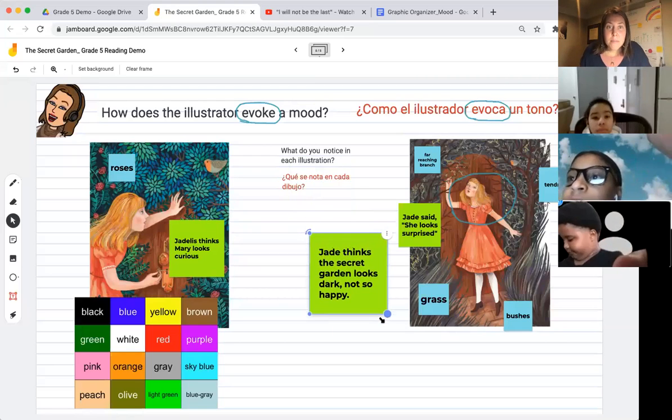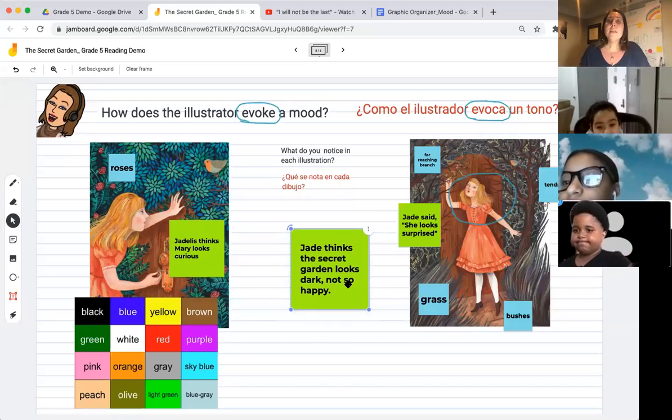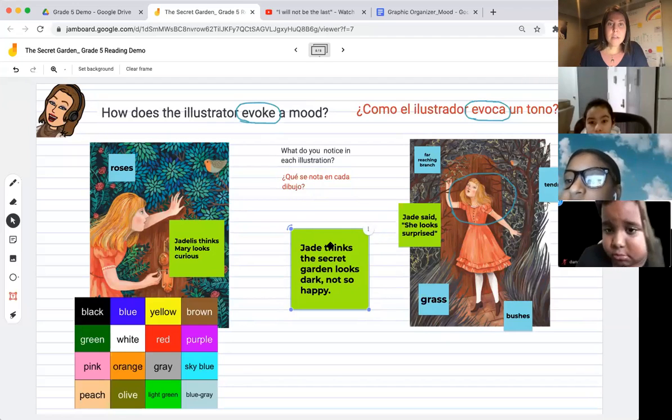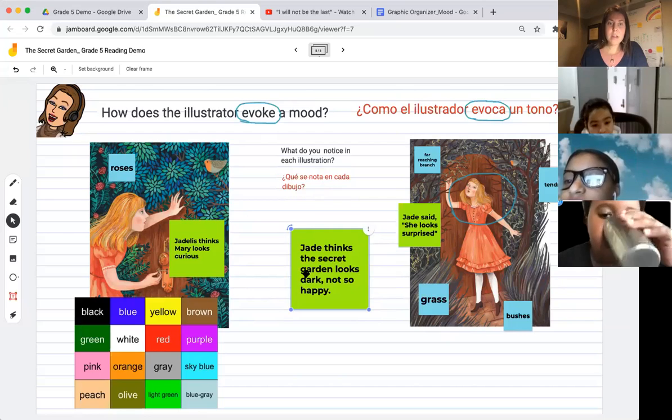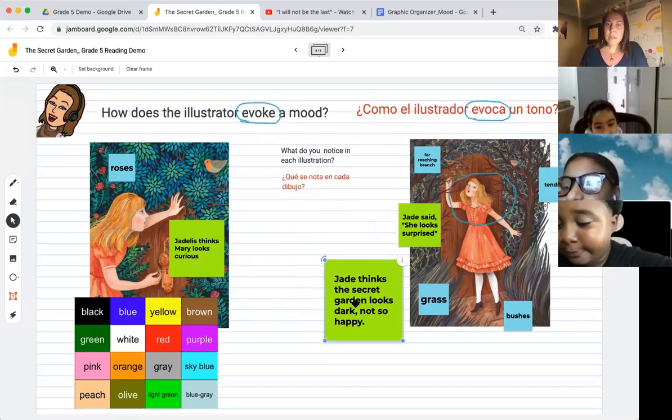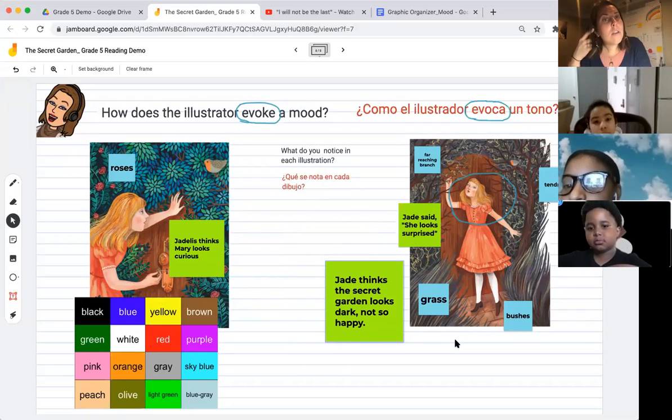I want Jade and Daneudi to unmute, and we're going to read this together, okay? 1, 2, 3. The secret garden looks happy. Dark, not so happy. All right. That's so true. Daneudi, sweetheart, I can't hear you. What are you saying?